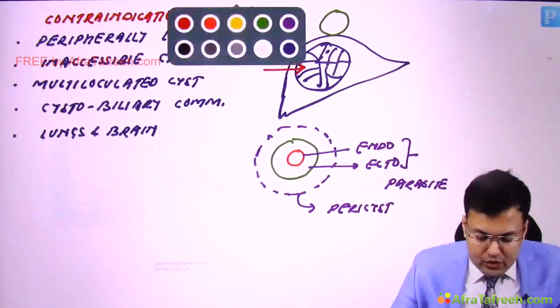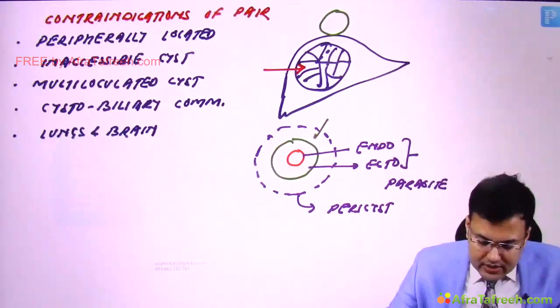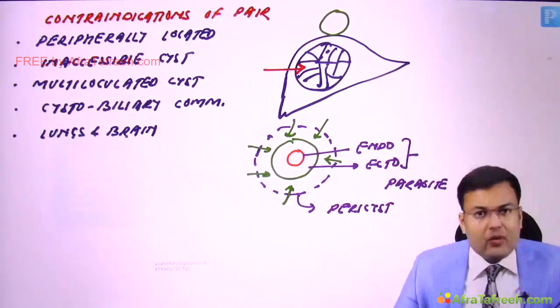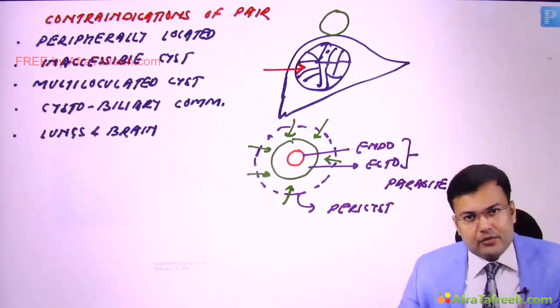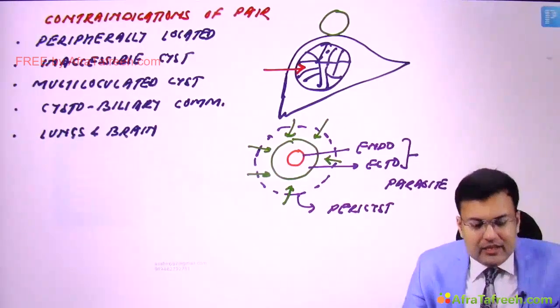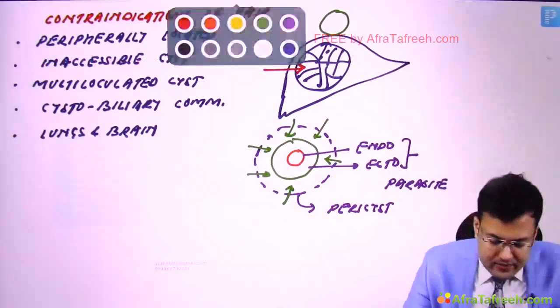How does the cyst get its nutrition? The cyst gets its nutrition via this pericyst, by diffusion. So in lungs and brain there is no pericyst.